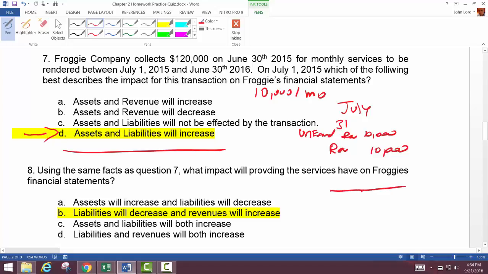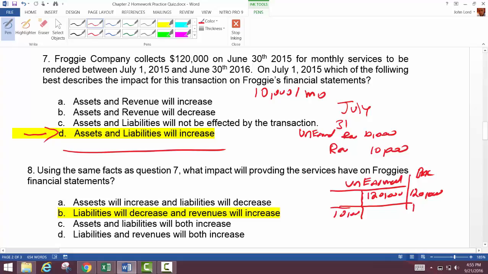The balance in the unearned revenue, when I first got the money, it was a credit of $120,000. That gave me a balance of $120,000. And then I just went ahead and did what? Debited it $10,000, didn't I?